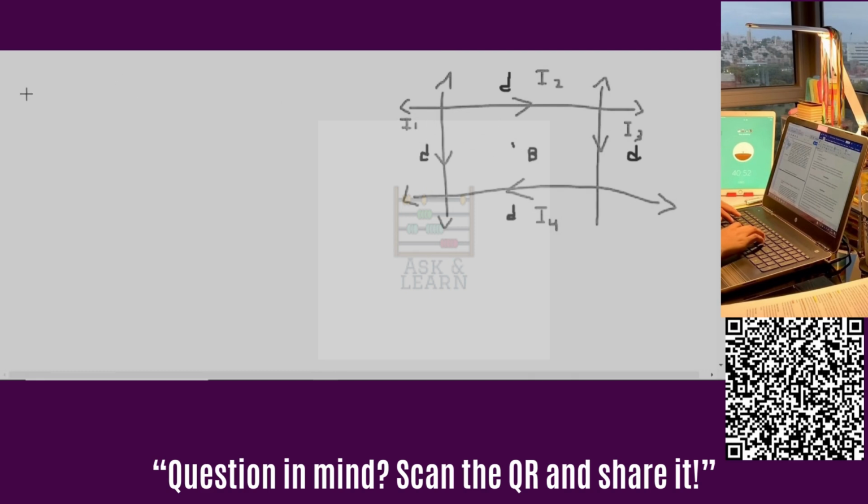So that means we're probably going to use our equation for magnetic field. B is equal to mu naught times the current divided by 2 pi r. So two things we'll have to figure out here: what our current is and what our distance is.